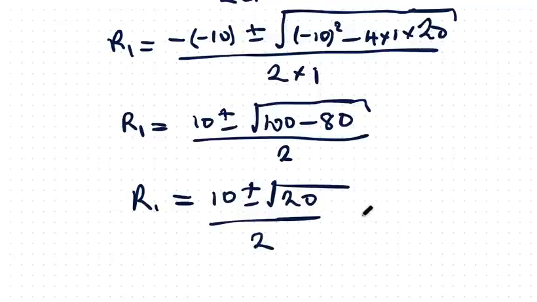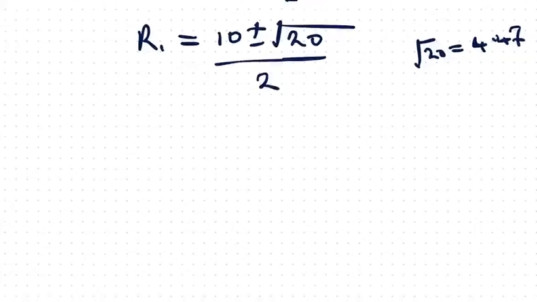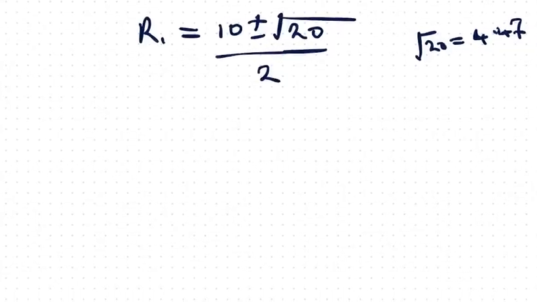If I use my calculator, the square root of 20 is approximately 4.47. So if I use that in place of the square root of 20, I'll be having that R1 is equal to 10 plus or minus 4.47, divided by 2.